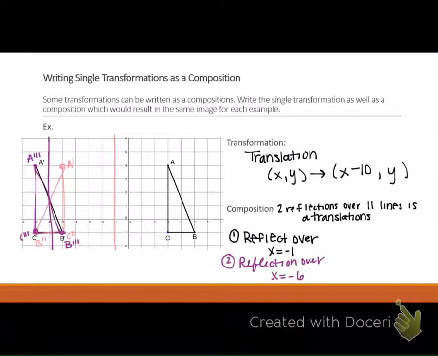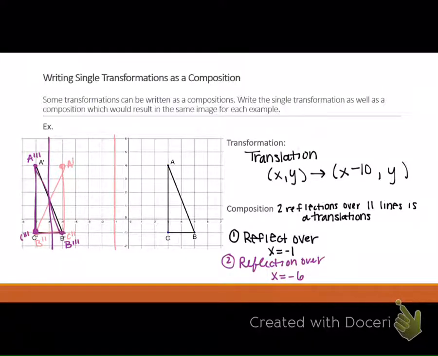So, who's confused? Who needs help? Or are we okay with what we just did? Did you have to choose x equals -1 as the first line? No. Could you have done x equals 2 and then a different line that's also parallel? Yeah. Does it matter what your second reflection line is?